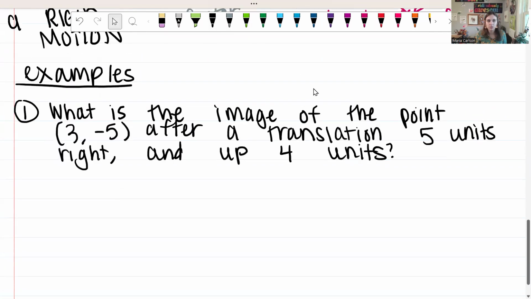So we have this point 3, -5, and this is like our pre-image.